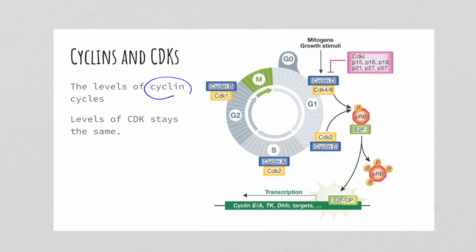Basically, cyclin levels are going to always change as you go through the cell cycle. So as you go through G1, S, G2 and M, your levels of cyclin will increase, and then it drops off at the end of M phase. CDK stays the same. It doesn't change. It's always there. What ends up happening is as the level of cyclin increases, it's going to bind to CDK.